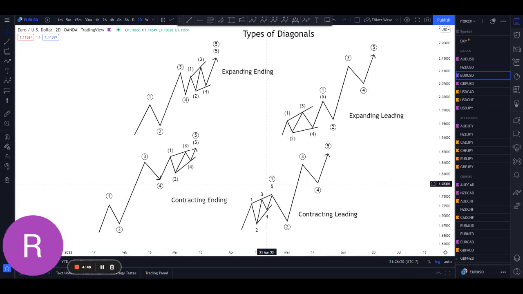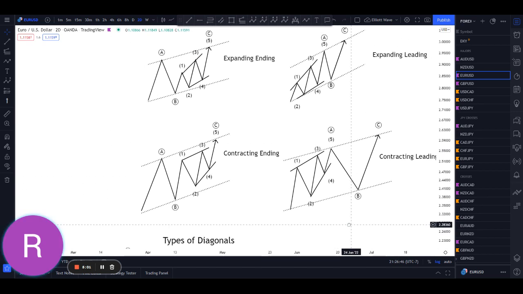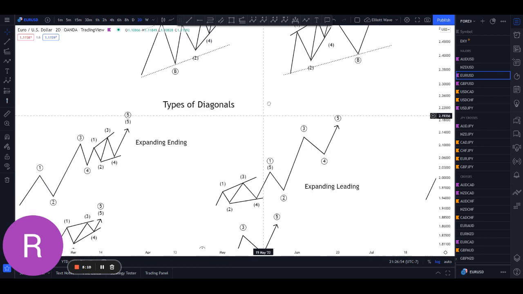Wave 1 or A for our leading diagonals, and wave 5 and C for our ending diagonals. And here I have the impulse versions demonstrated, but here I have the corrections, the zigzag versions. Again, we see our ending diagonals in wave C, and we see our leading diagonals in waves A.